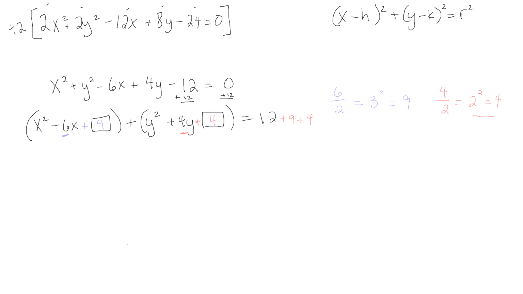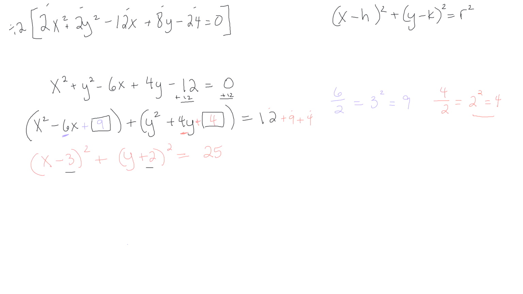So I have x minus 3 squared plus y plus 2 squared equals 13 plus 12 is 25. So I can look and see that this and this is my center.